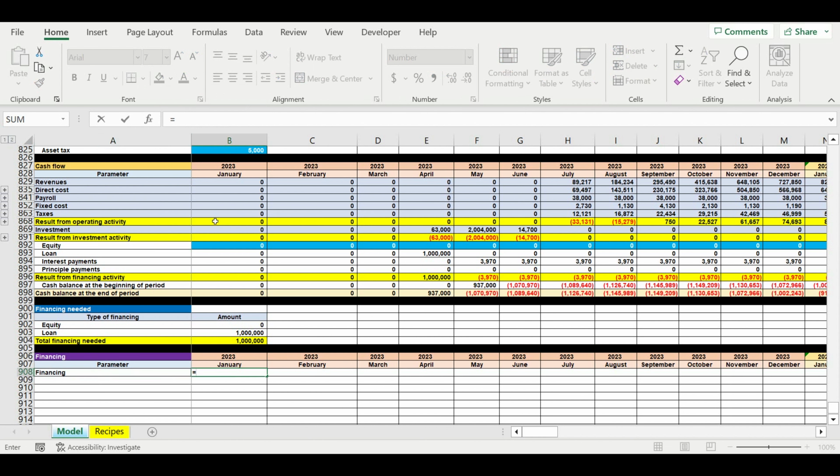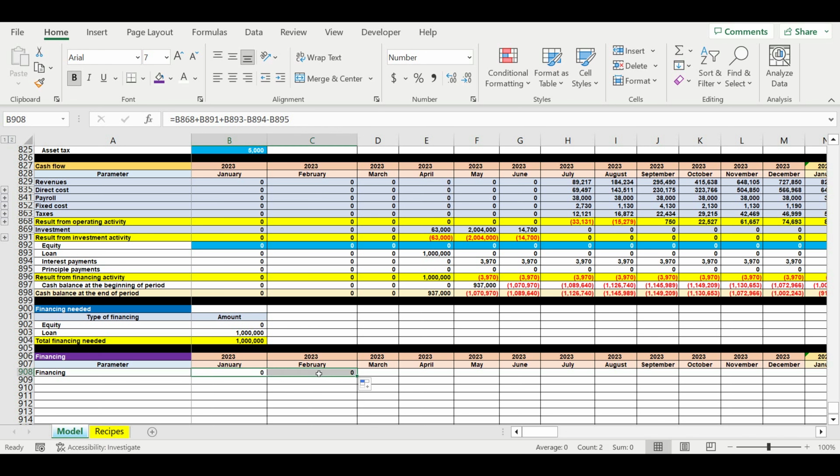So what we will do, we will take the result from operating activity plus the result from investment activity, plus loan, minus interest payments, minus principal payments, pressing enter. Then I'm extrapolating this formula to the right. Now I'm making this formula cumulative, adding the previous value.